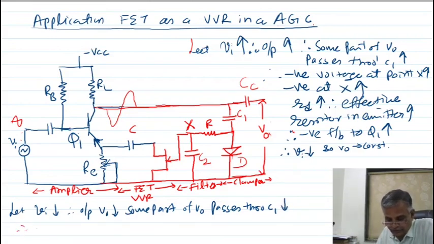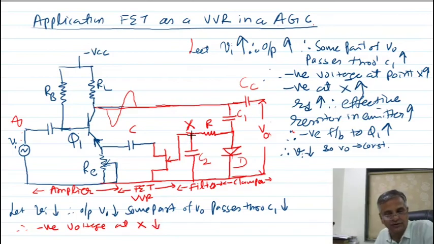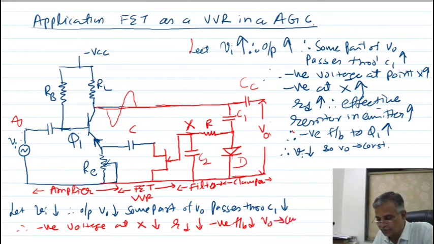Therefore, the negative voltage at X also decreases, because after filtering you get a negative voltage. If this voltage decreases, the resistance decreases. So the negative feedback decreases, and your VO tries to remain constant.